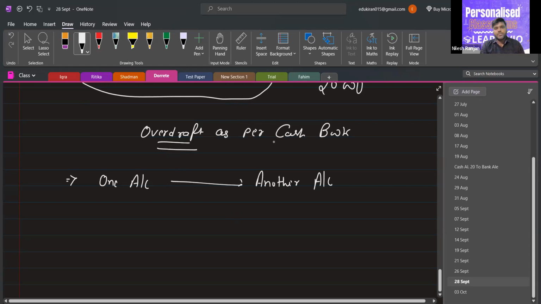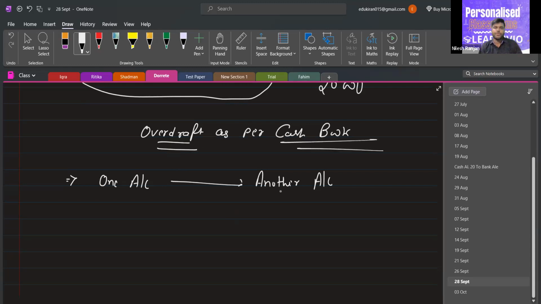Okay. So overdraft as per cash book. Now, overdraft means negative balance. You understand that? Yes, sir. Okay. So overdraft as per cash book means negative balance as per cash book.